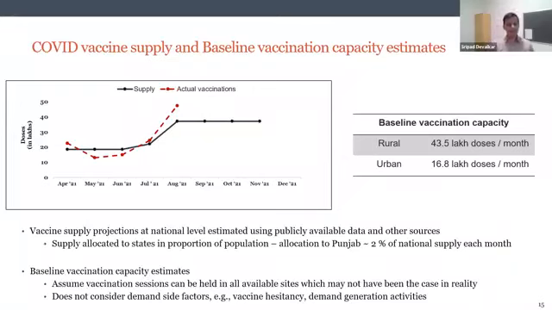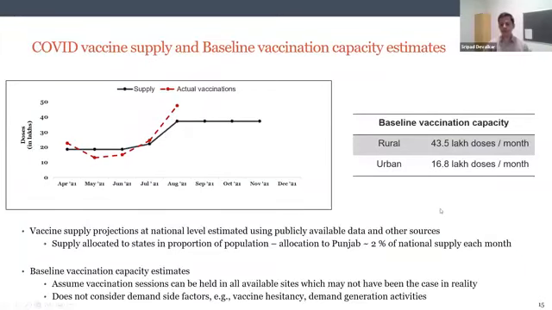Now, clearly, what we have is a supply estimate, and it's not necessary that the supply was immediately available for deployment, so there could be a temporal shift between when the vaccine is available and when it actually got administered, and that probably explains this temporal mismatch. But at least it was good to see that our estimates were not way off.